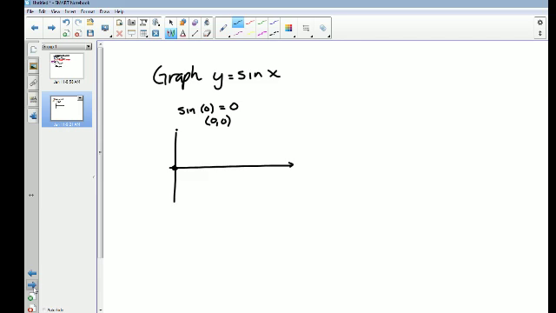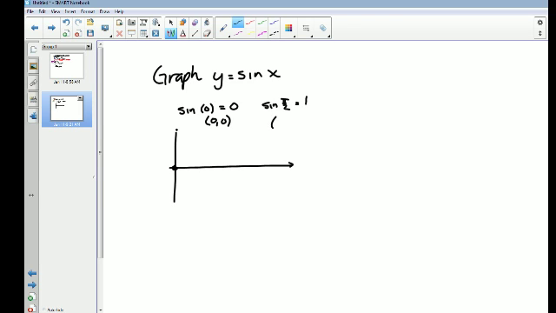Okay. What is the sine at pi over 2? 90 degrees is the pi over 2, but what's the sine value at that location? In the unit circle.